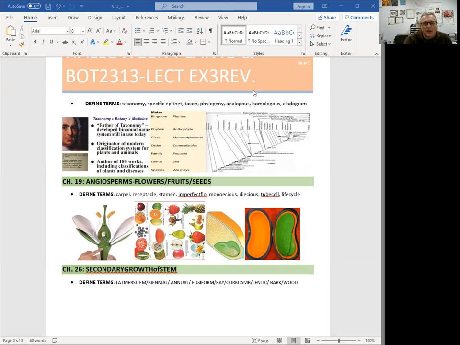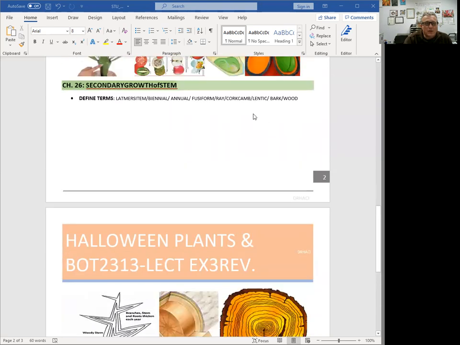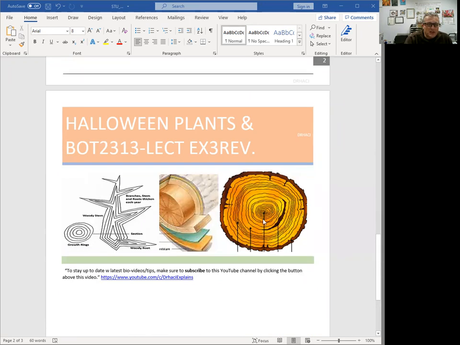The last chapter is secondary growth. Secondary growth is a combination of two meristems, the secondary meristems cork cambium and vascular cambium. The most obvious thing about secondary growth, number one, is that mostly perennial dicots have it, so it's select growth.